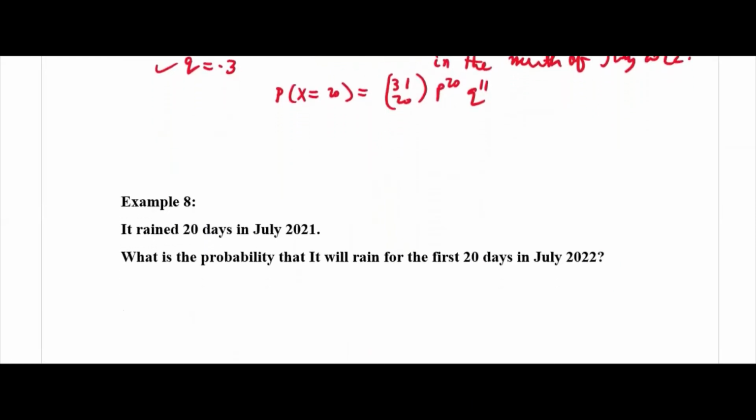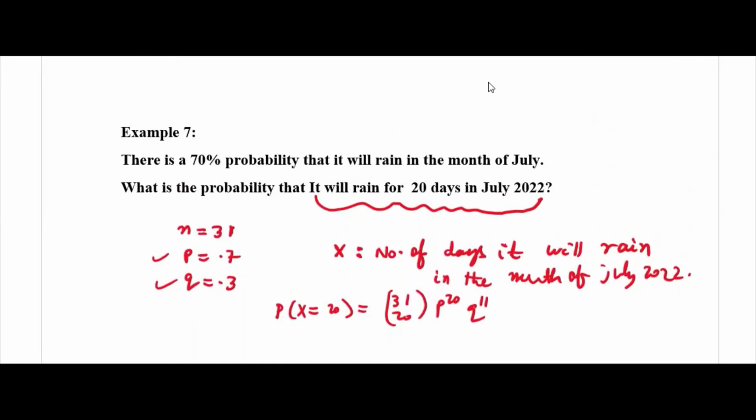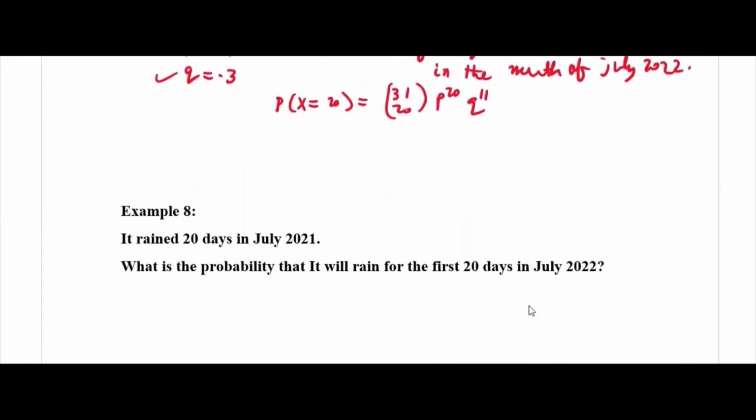It's not that every time they will give you the probability directly in this way, 70% probability. Sometimes you have to use a sample. Even this, you are in the very initial stage. Later you have to estimate the parameters from the sample, that you will learn in CS1.